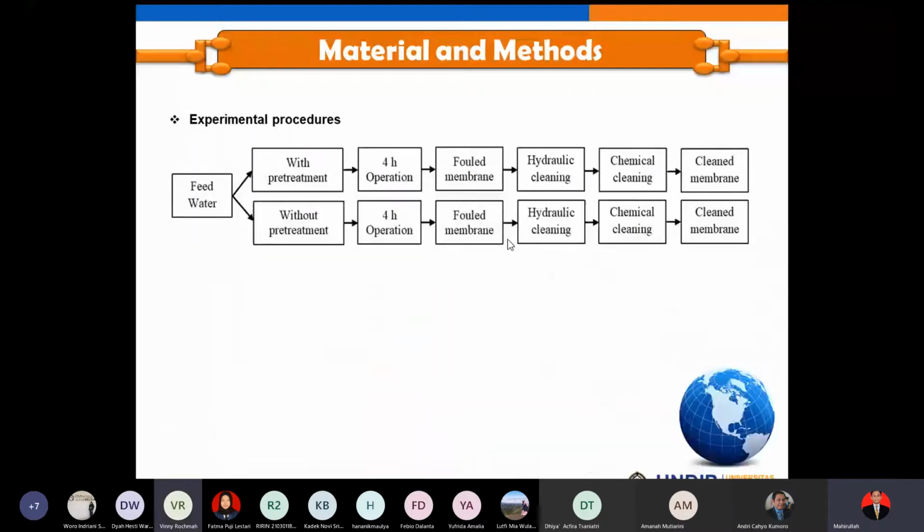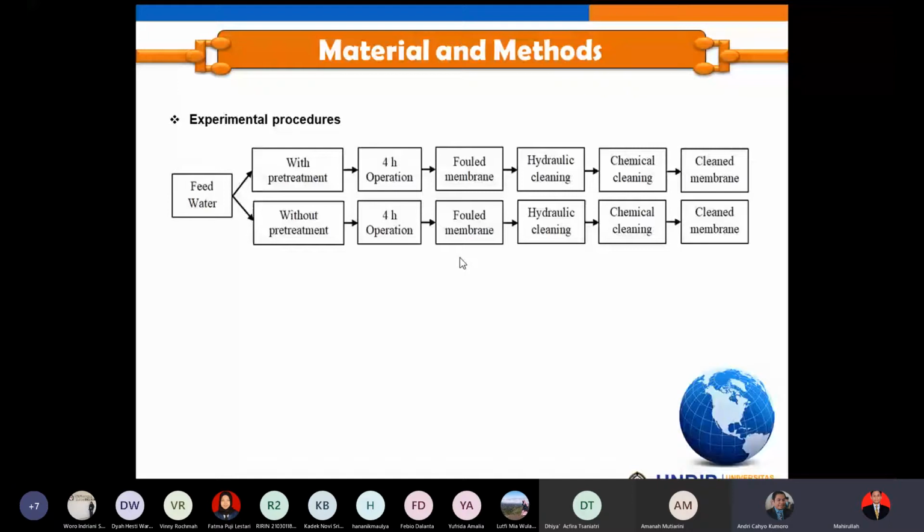Then the experimental procedures. The pit water was treated with two different treatments, with pretreatment and without pretreatment. After 4 hours of operation, the membrane was fouled by the effluent.